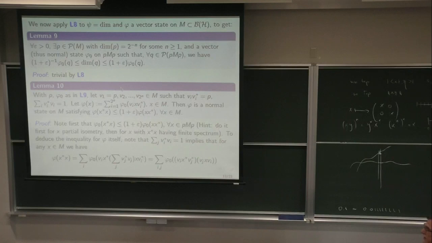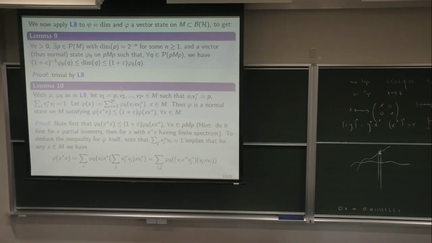Now from this, what's the point here? What am I trying to do? I have the dimension function, which is defined only on projections. And I want to show that there is a state behind, a trace behind, which on projections is equal to these dimension functions.